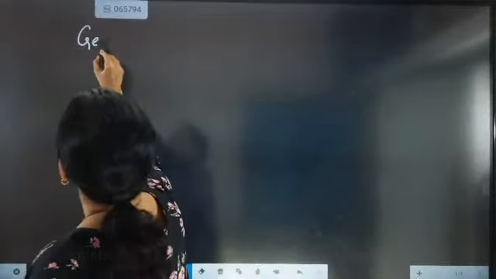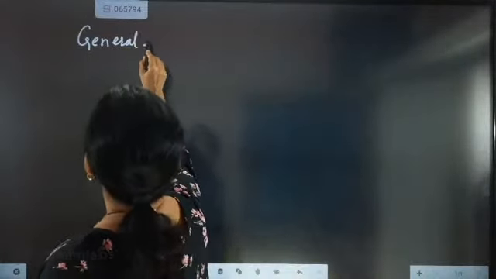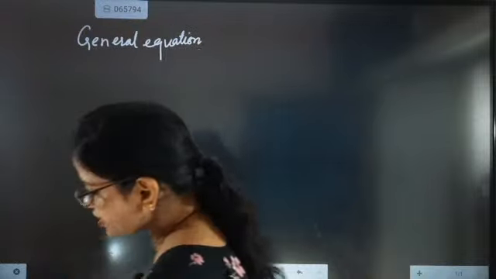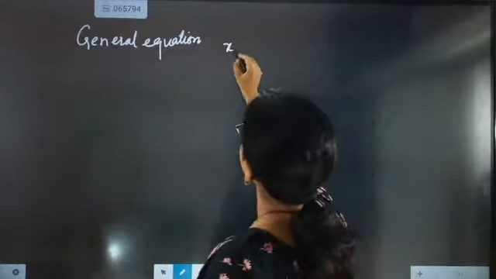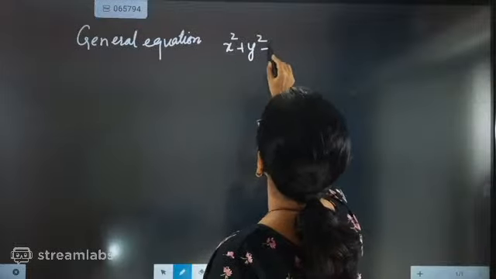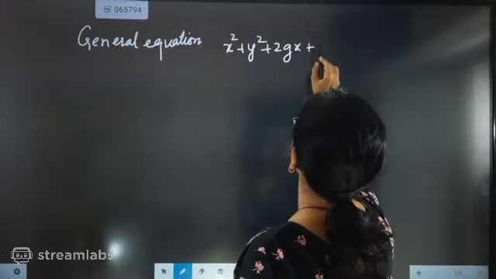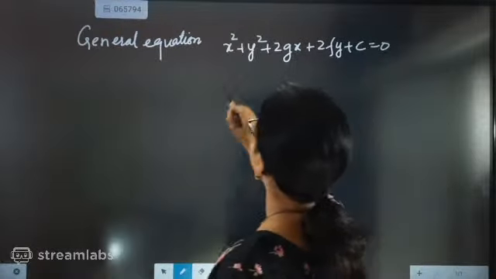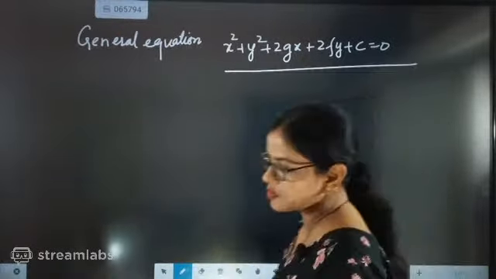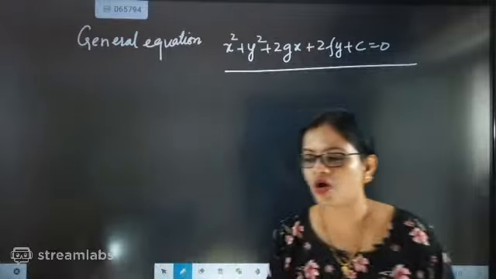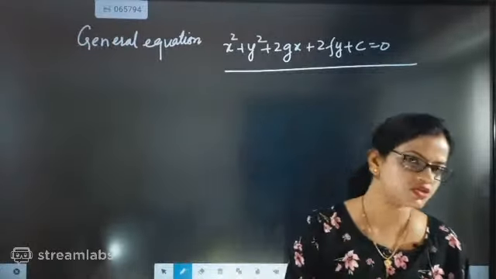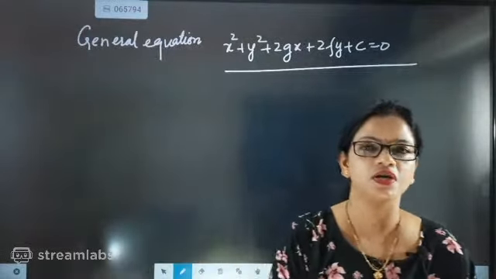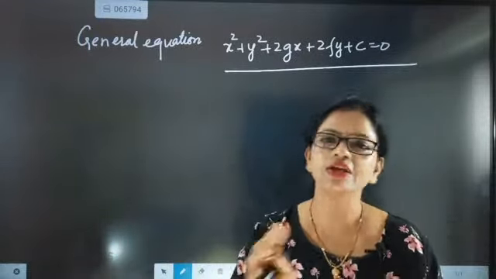The general equation of a circle is x square plus y square plus 2gx plus 2fy plus c equal to 0. This is called the general equation of a circle, and we will convert this general equation of a circle into the standard equation of a circle.